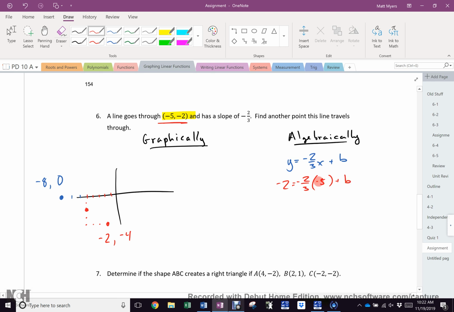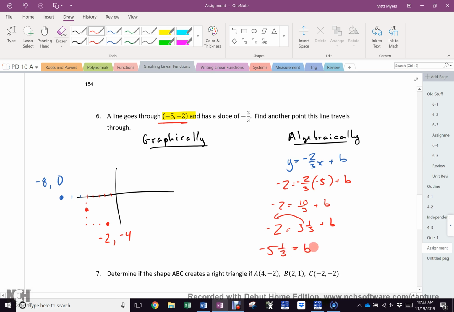Okay. What is negative 5 times negative 2/3? 10/3 plus b, correct? 10/3 is 3 1/3 plus b, correct? Move this over here, it becomes negative, right? Negative 5 1/3 equals b, right?